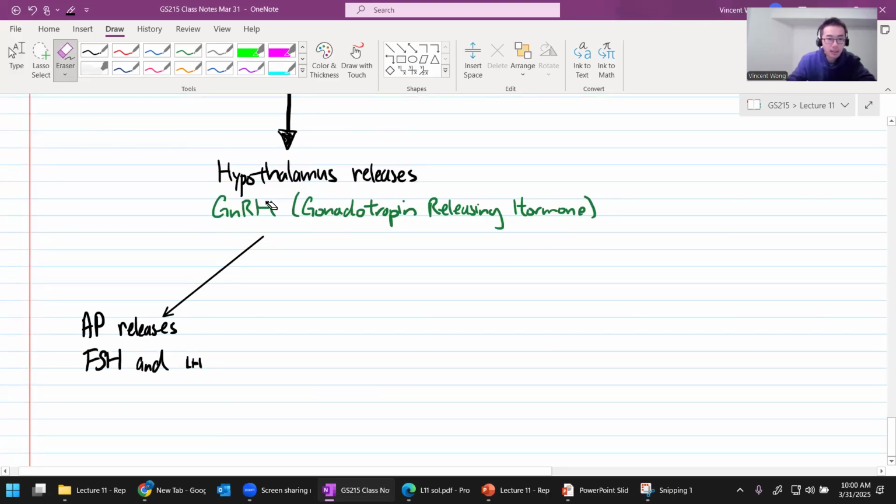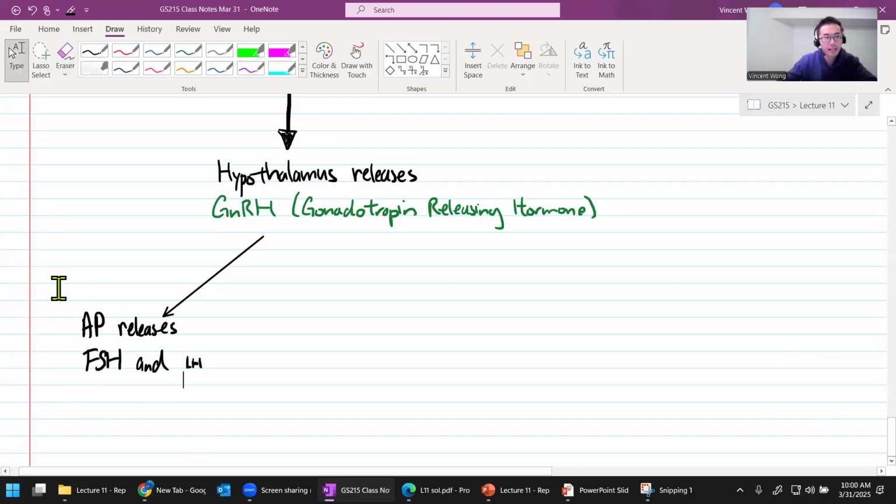So one event leads to the next. The anterior pituitary gland will release the follicle stimulating hormone. That's what FSH stands for. Before you wonder, men also have follicle stimulating hormone, but it does a different thing.